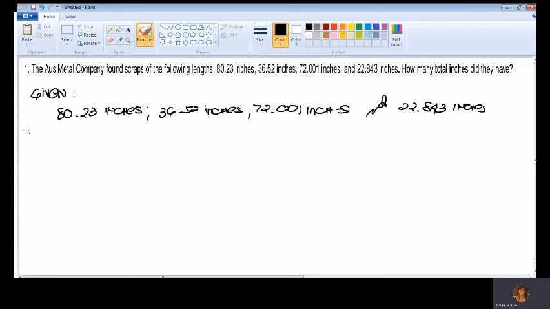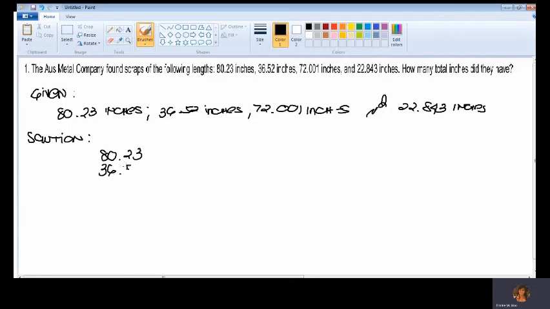So our solution is we're going to find out the total inches of the following scraps that they found. So the operation will be addition of decimals. Again, we're going to line up all the decimal values.